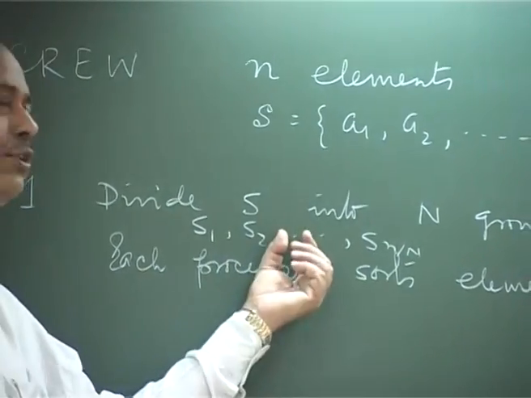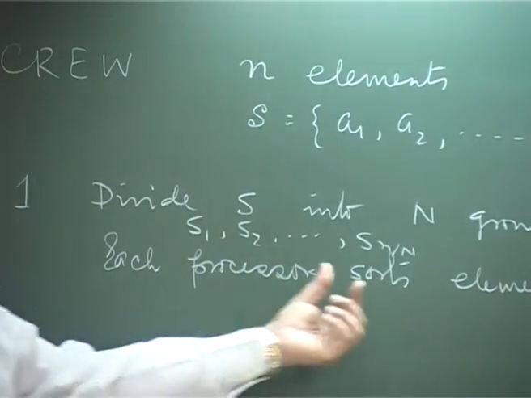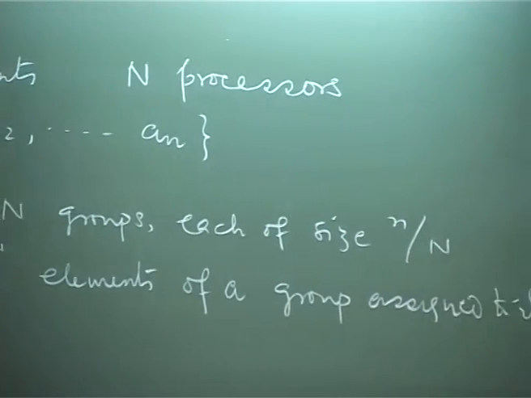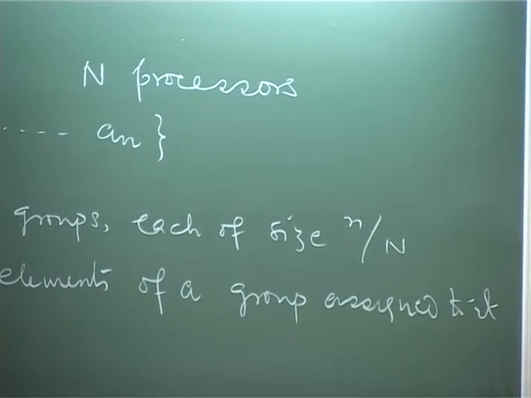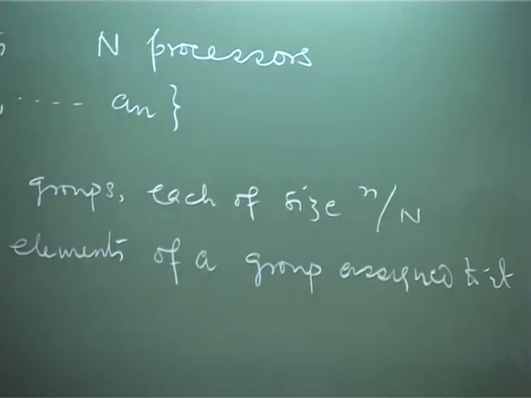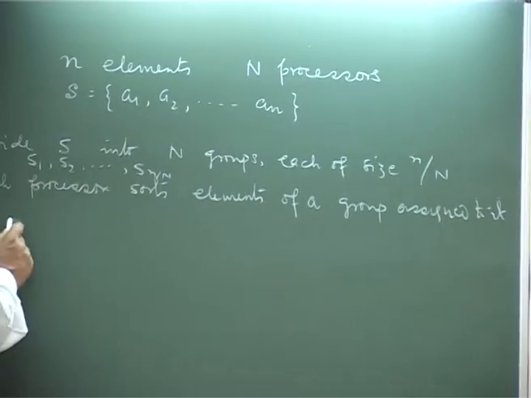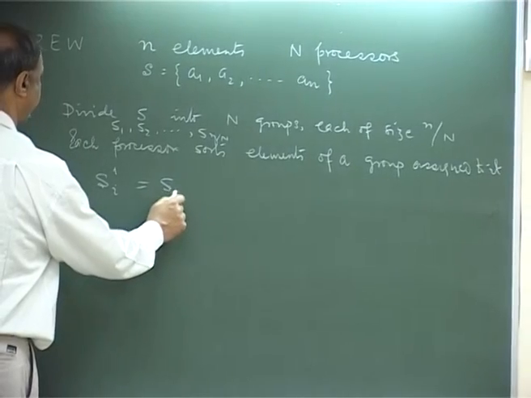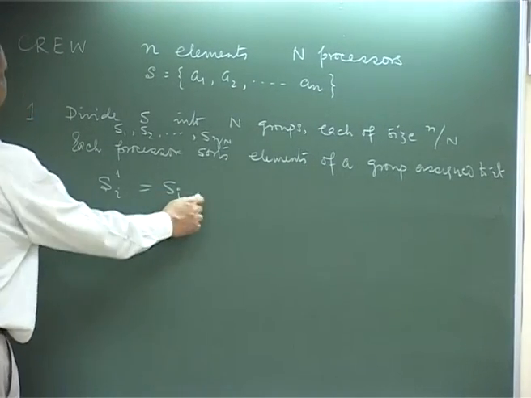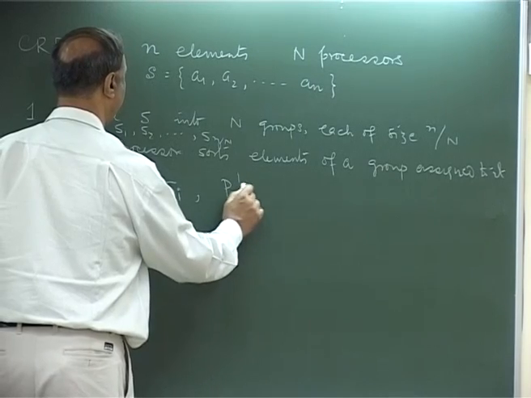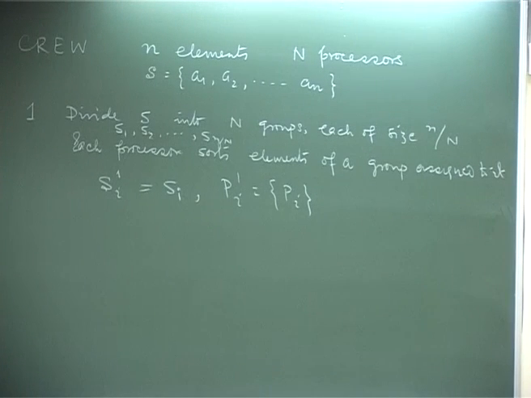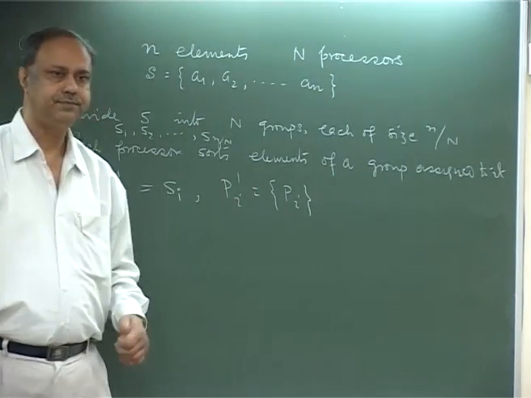Pi is attached to Si, so each processor sorts the elements of Si attached to it using any sorting algorithm, maybe quick sort. And the set of processors is defined by Pi1.